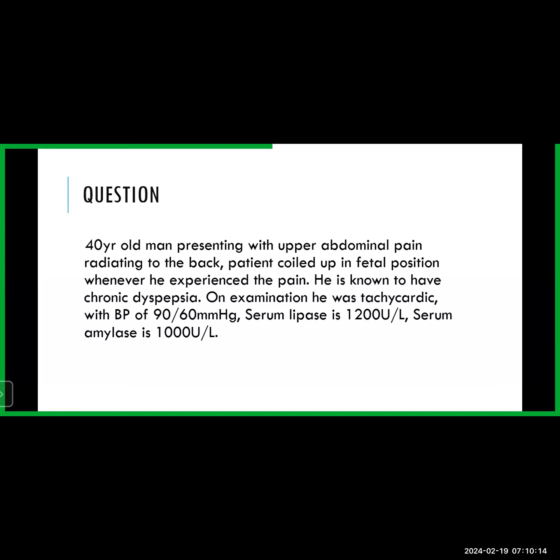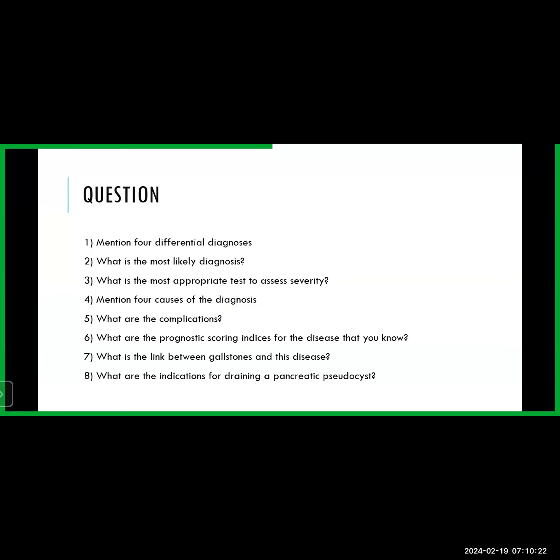Serum lipase is 1,200 units per liter. Serum amylase is 1,000 units per liter. So the questions. Mention 4 differential diagnoses. What is the most likely diagnosis? What is the most appropriate test to assess severity? Mention 4 causes of the diagnosis.